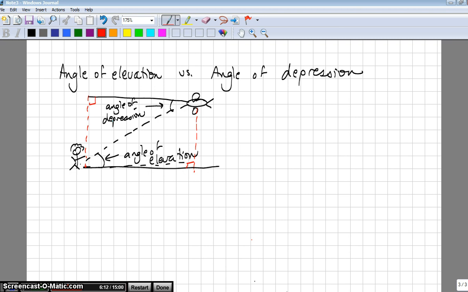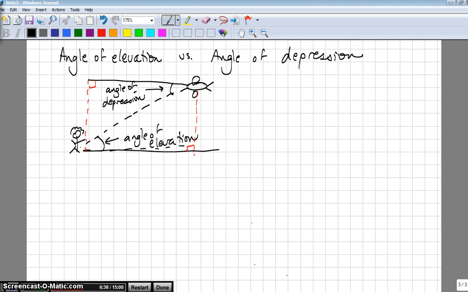If I'm on the ground and looking up, I form an angle of elevation with the ground. But if the bird is in the air and looking down at me, then the angle formed with the horizon is the angle of depression. So we use trigonometry when dealing with angles of elevation and depression because we have right triangles formed.